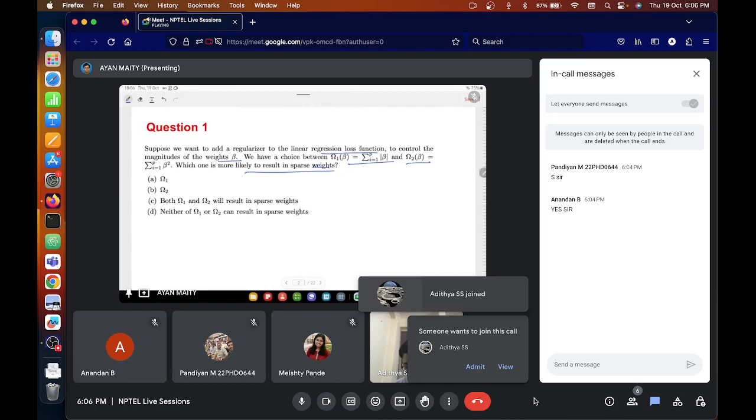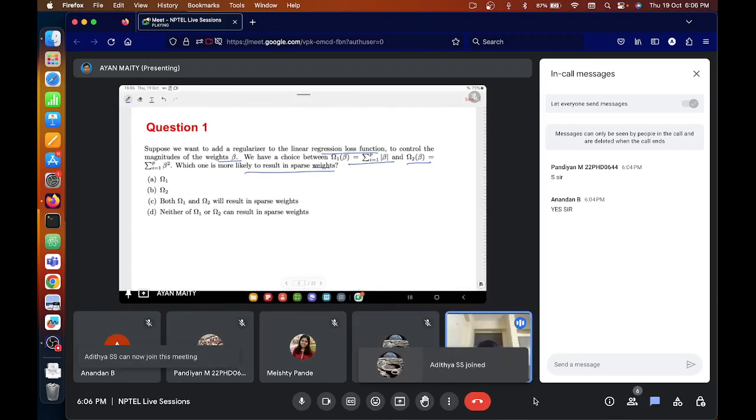So these are the two regularizers, and their definitions are given here. Which of these will produce sparse weights for the linear regression?